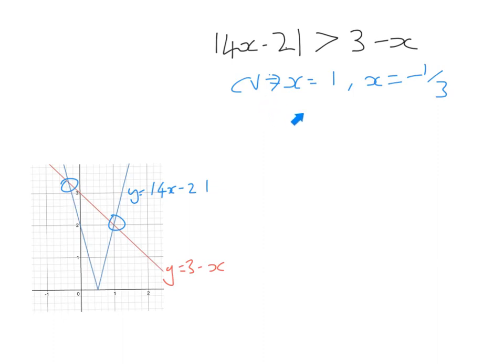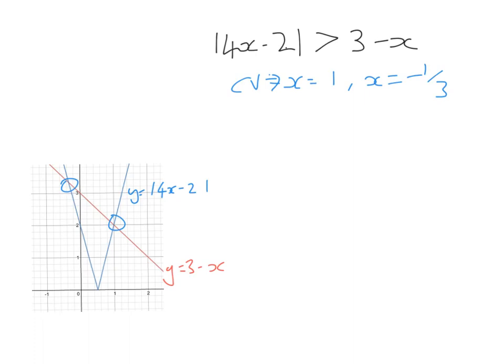Now solving an inequality is often done by finding these critical values where the graphs of the functions intersect, looking at the graph and seeing when one is above the other. So when is the modulus of 4x minus 2 greater than 3 minus x? Well, it's here when x is greater than 1, and here when x is less than negative a third.